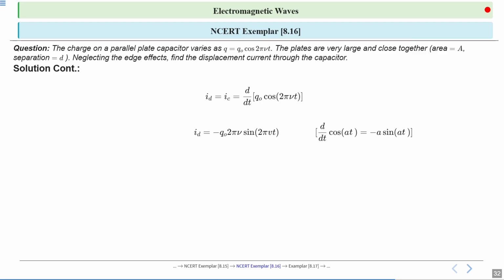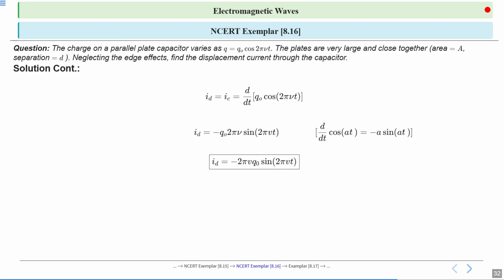We know that the differentiation of cos AX is equal to minus A sin AX. So ID will be equal to Q naught, the constant term, times minus sin 2 pi nu t.